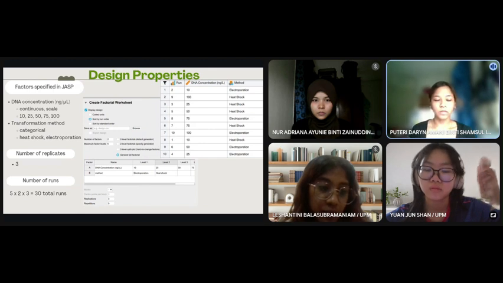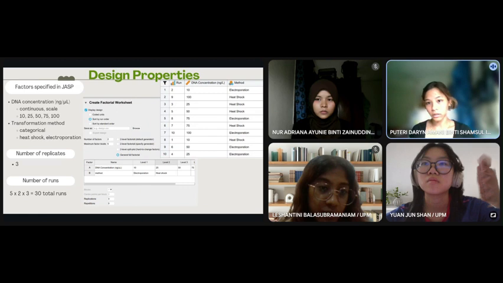And the transformation method is a categorical variable in which we use heat shock and electroporation. And we use 3 replicates. With our 5 levels of the first factor, 2 levels of transformation method, and 3 replicates, we have a total of 30 runs.